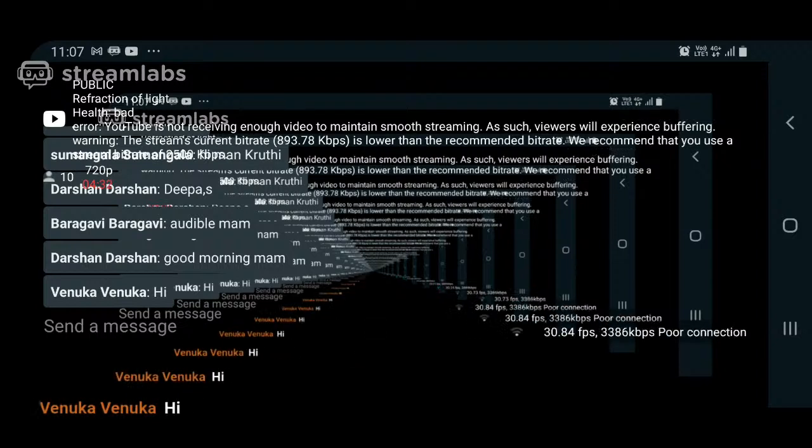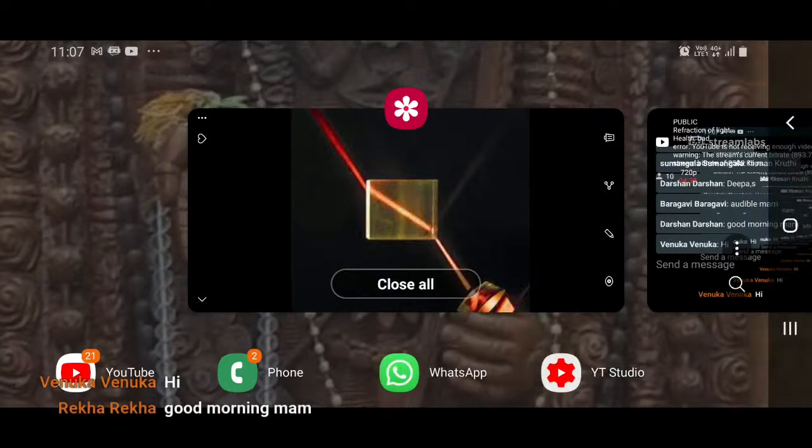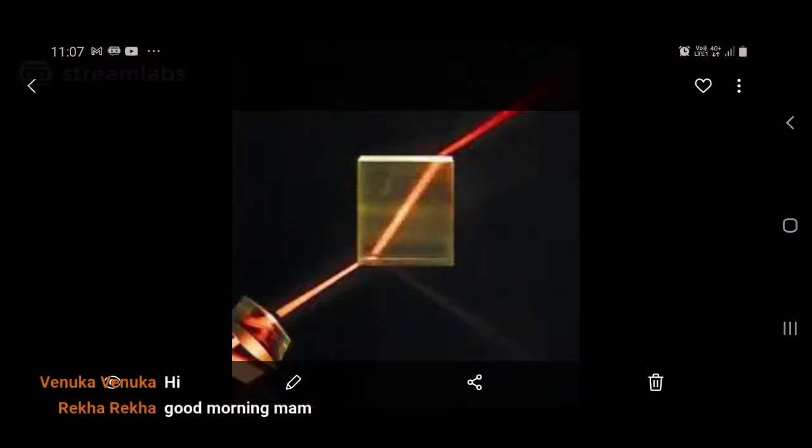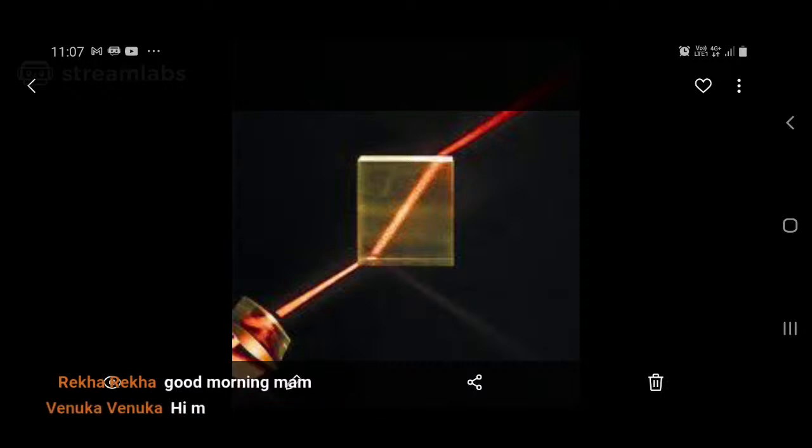Okay, I'll share the screen. You just observe it and tell me what happens. What you're going to observe here, with the help of a torch in a dark room, a torch light is incident on a glass which is filled with water.